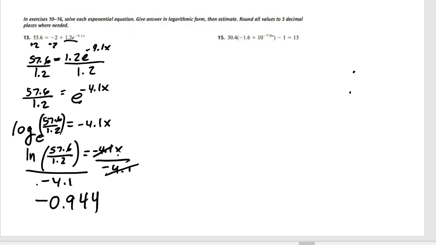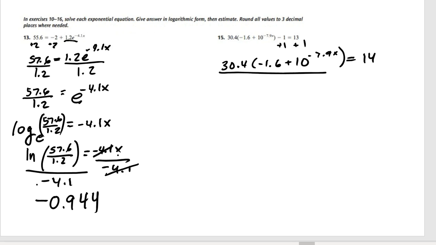So once again, I'm going to add 1 to both sides. And then I'm going to divide both sides by 30.4.